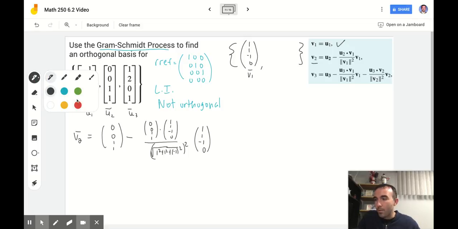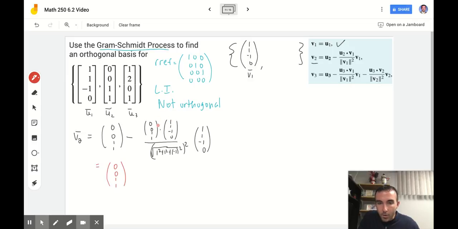Some quick math to clear this up a little bit. I have here 0, 0, 1, 1. The dot product ends up just being negative 1 on the top, and on the bottom, the square of the norm is 3. And then I just recopy the V1 vector, 1, 1, negative 1, 0.